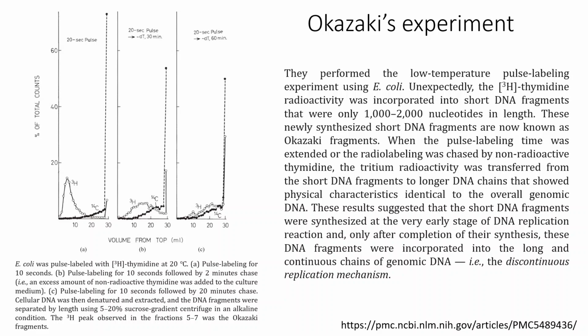So essentially what is happening in a pulse chase experiment is you give a period of pulsing where you expose the cell or organism, whatever you're working with, to some pulse labeled compound. In the Okazaki experiment, they had E. coli that was pulse labeled with H3 thymidine at a lower temperature. After that, you do what is called a chase. That means essentially you allow it to recover. In that time, you allow it to go about its natural course.